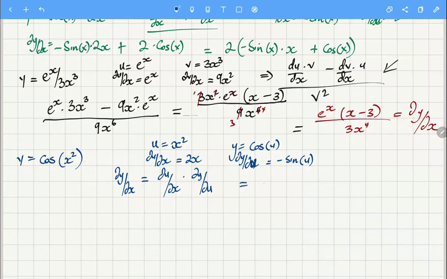So it's 2x times minus sin u, and obviously my u is x squared. Okay, and then just make it a lot neater: minus 2x sin x squared. Yeah, so that's the derivative of that using the chain rule.